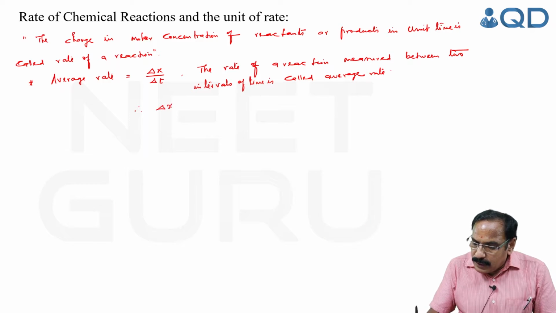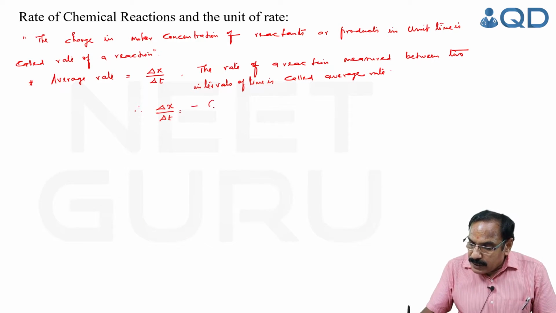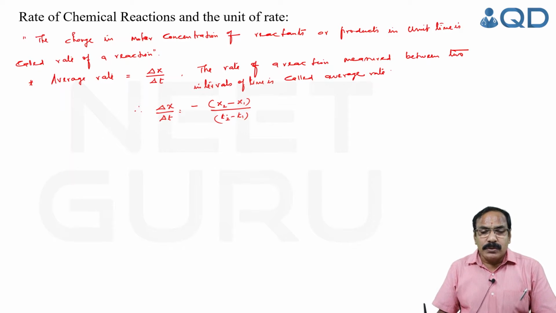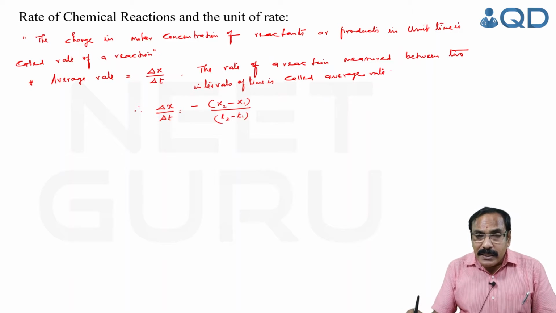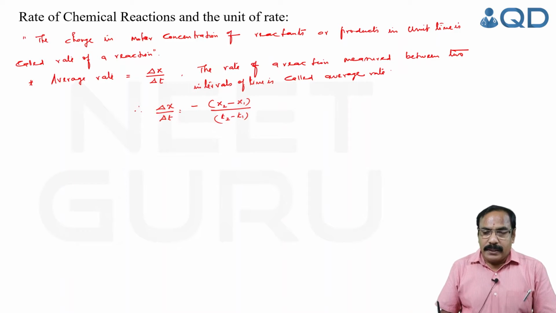So, delta x by delta t equals minus of x2 minus x1 by t2 minus t1. What does the minus sign show? It shows the rate is expressed in terms of decreasing concentration of reactant.